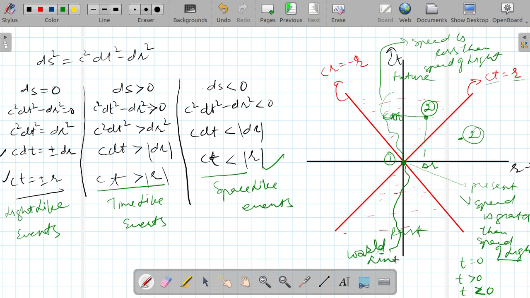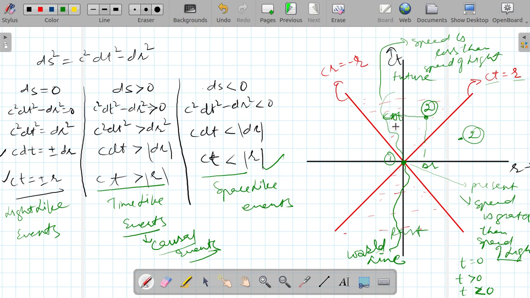The events occurring inside this cone are known as causal events. I can predict their present and past. That means cause and effect.